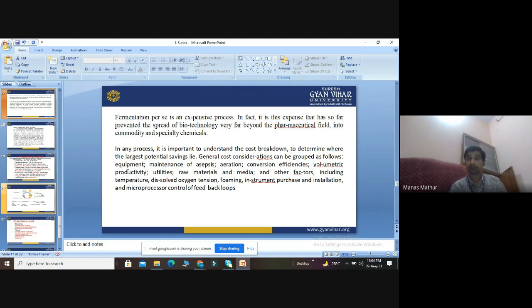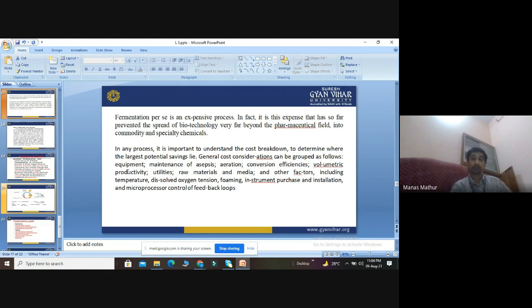In fact, it is this expense that has so far prevented the use of biotechnology very far beyond the pharmaceutical field into commodity and especially chemicals. No doubt we can produce all these things with the help of biotechnology using fermentation, but in some cases they have limited the control.